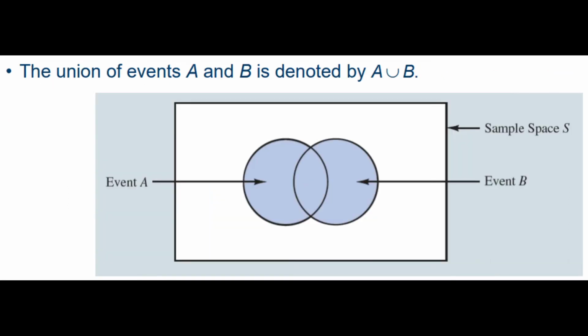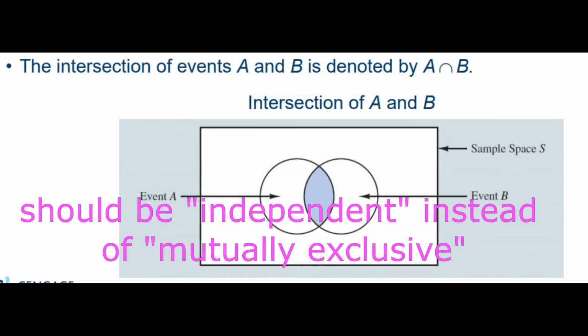Now let's look at the union. The notation of union is A and B, event A and event B. Suppose they have some small overlapping. The shaded area will be the union of events A and B. This is about the intersection of A and B. Assume they have some overlapping.